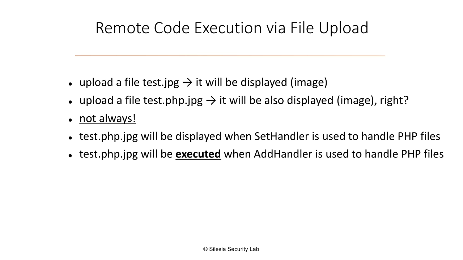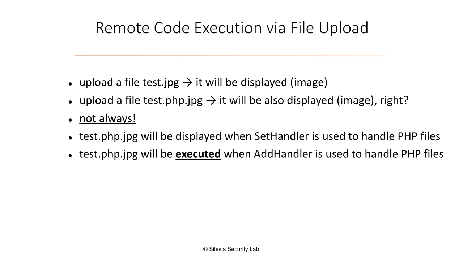Okay, and of course, the assumption here is that I'm talking about remote code execution. So what you are going to do as an attacker is you are going to provide your own PHP code inside of the file test.php.jpg, right? Because we want our code to be executed once the file has been uploaded.